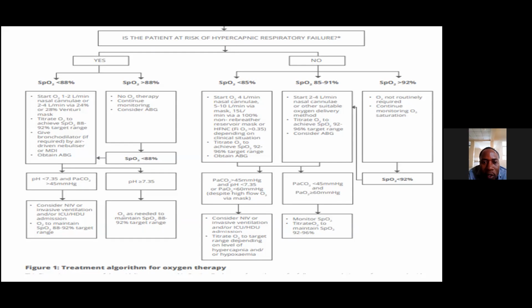If you fail, you try to use high flow nasal cannula, and then if you are still not reaching your goals, you can try to contact ICU, HDU to provide positive airway pressure to support your patient. Next slide, please.